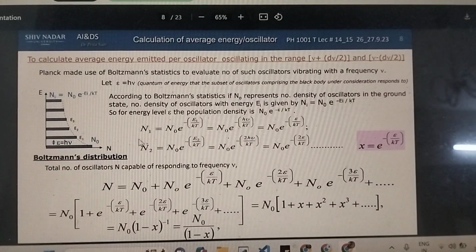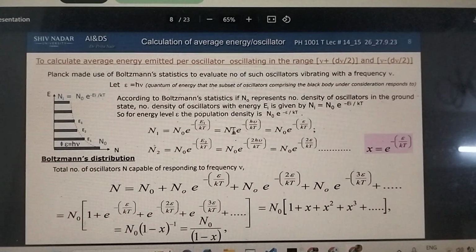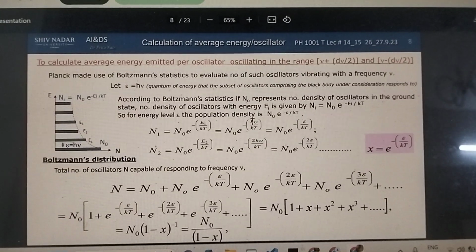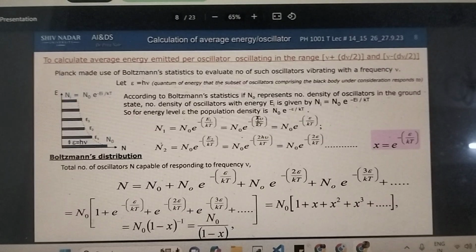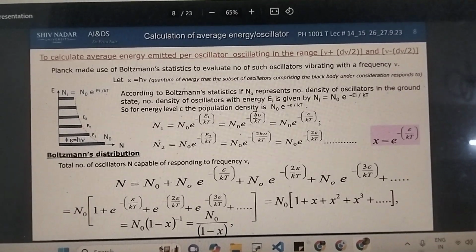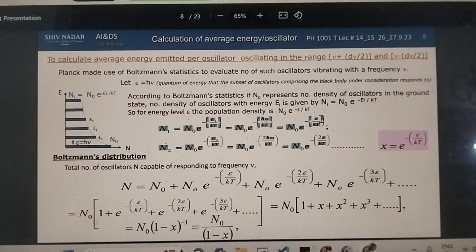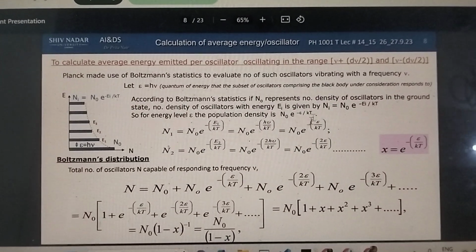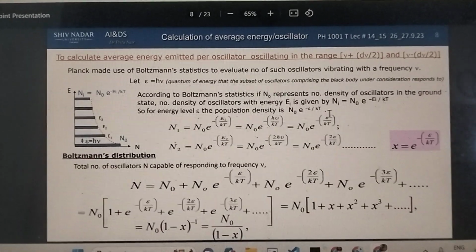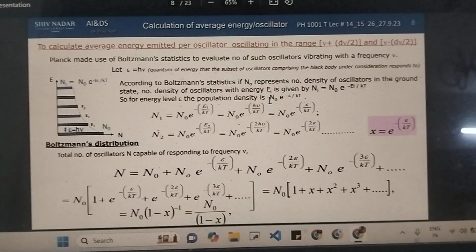So using this formula, n1 is n0 e^(-E1/kT), which is n0 e^(-h nu/kT), where energy is simply h nu. For the purposes of our calculation, for the time being, we will denote h nu by epsilon. It is just another notation, because every time you would need to keep writing h nu; finally, when we get our final expression, we will replace epsilon by h nu again.